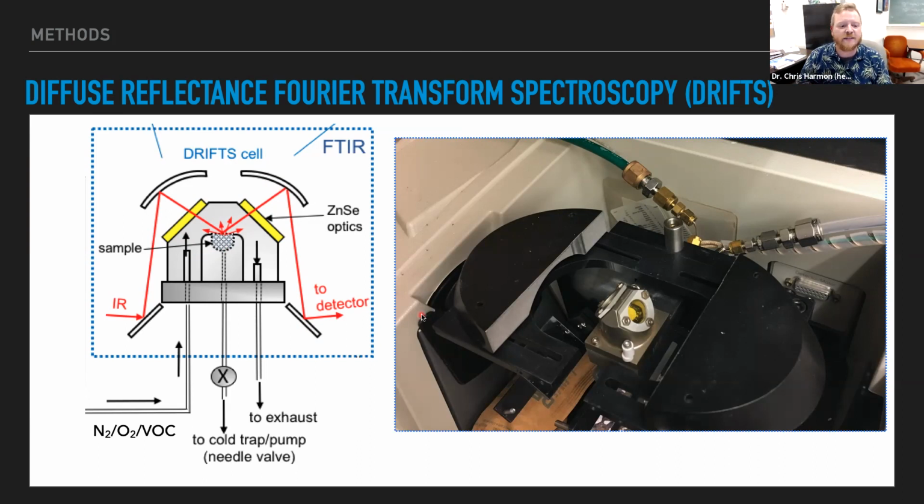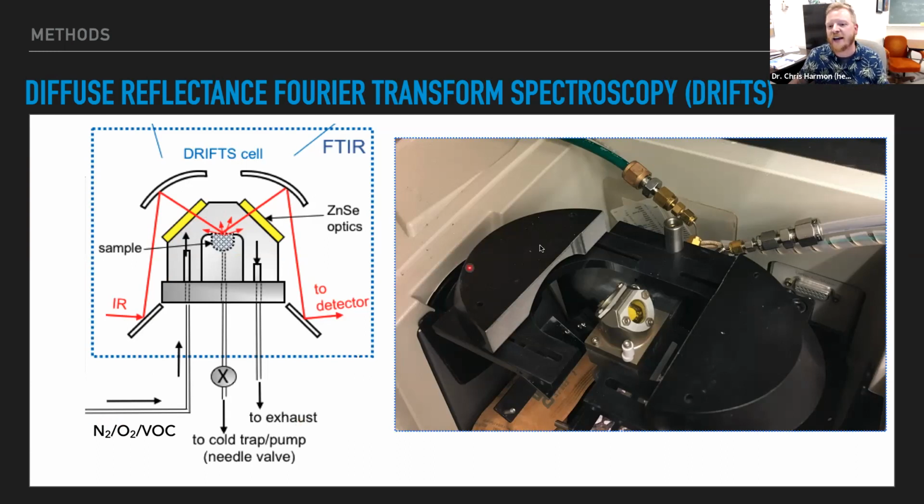What makes this sample cell special is that we have the ability to heat the sample. We have the ability to cool the sample. I could actually pump vacuum on this chamber. So these optics are outfitted with O-rings, and they do hold a vacuum quite well. Or, as noted, we could flow atmospheric gases over the surface of our particles.